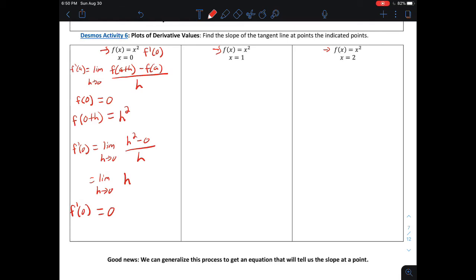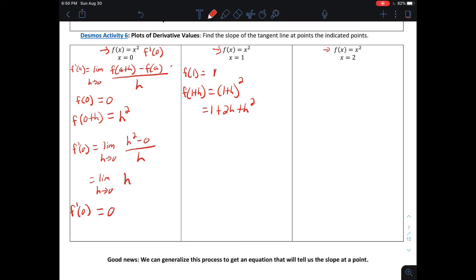Now let's do it again looking at x equals 1. So I need to know f of 1, which would be 1. I need to know f of 1 plus h, which means I have to do 1 plus h and square it. That's going to give me 1 plus 2h plus h squared.